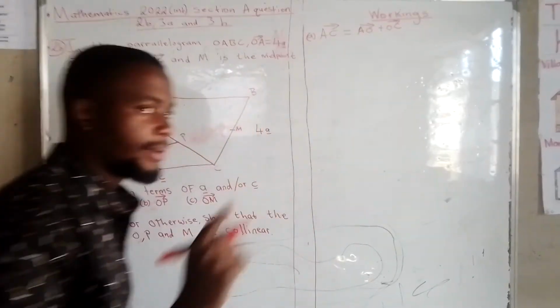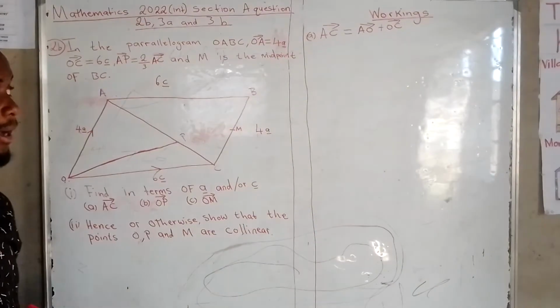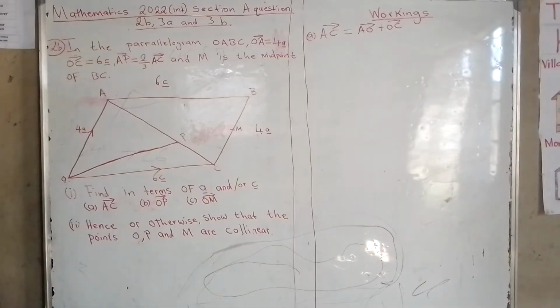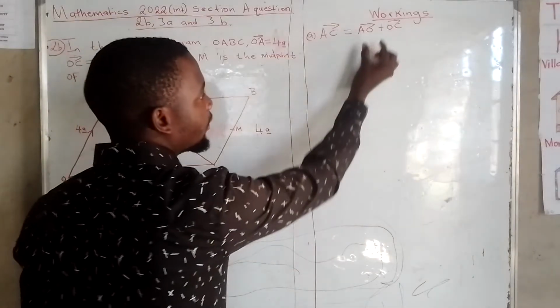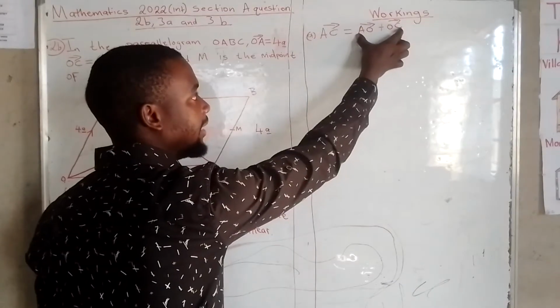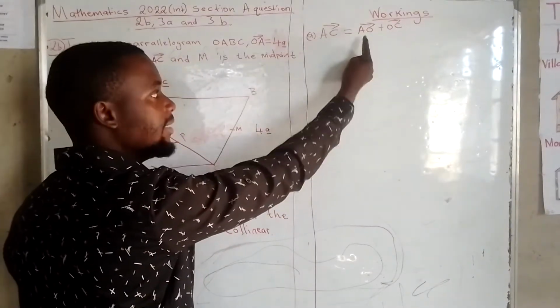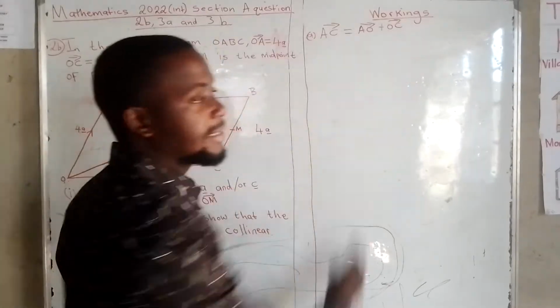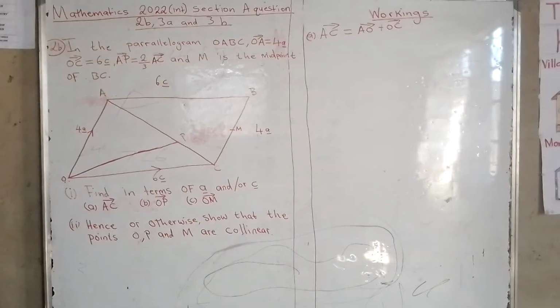One thing that you need to realize is that when you're writing such a formula, always the two letters in the middle are common. Then the two letters on the outside represent your starting point and your destination. That's one thing that you need to really put into consideration if you're dealing with such questions.